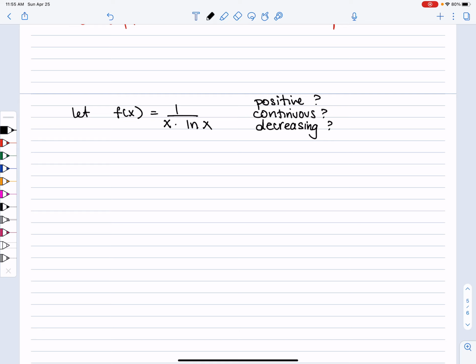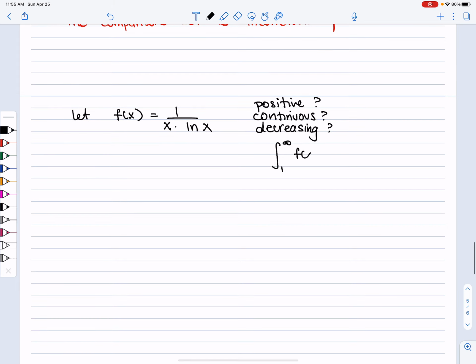And then remember, if the 3 conditions are met, and if the integral from 1 to infinity of f of x dx is convergent, then the series is convergent. But if that integral is divergent, then the series is also divergent.